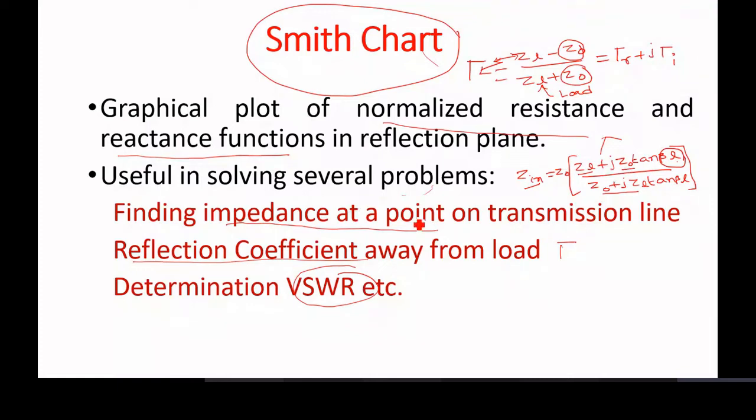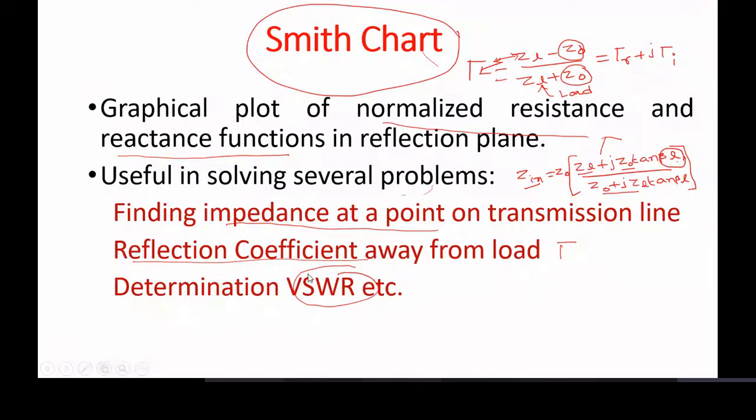Earlier, when computers were not there, it was very easy to calculate by using the Smith chart. But now computers are there, and we can still calculate very easily by using programs. But in the very old days, the Smith chart was very useful. Without doing all these calculations, we can easily find the impedance at a point on the transmission line, the reflection coefficient and also the standing wave ratio.